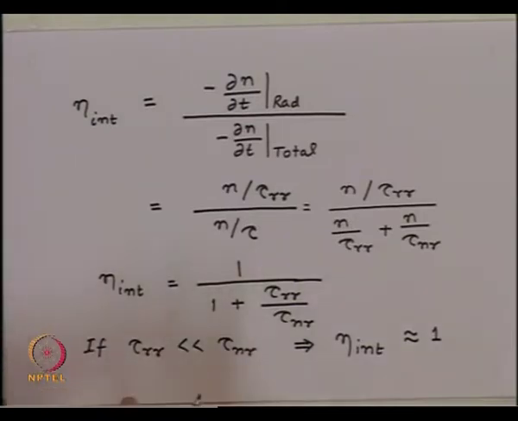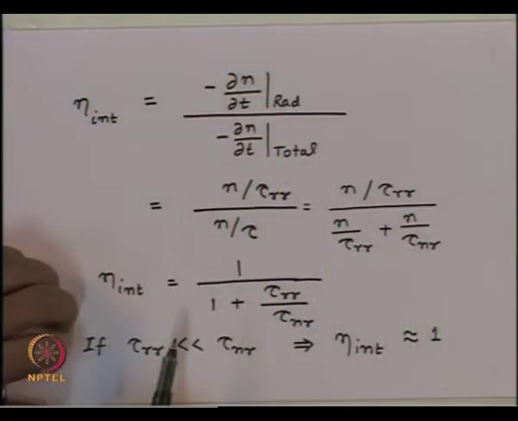What that physically means is that when both the processes are operative and when the electron holes are injected for recombination, if tau RR is much smaller compared to tau NR, before the electron holes can recombine against the non-radiative process, they have already recombined because of radiative process and photon is emitted.